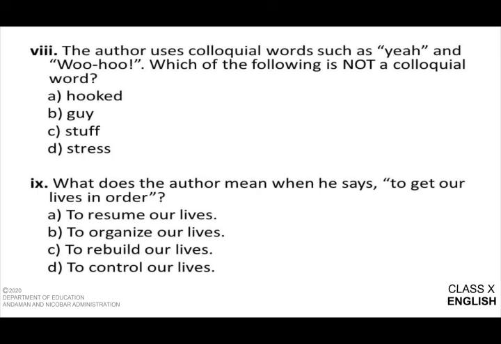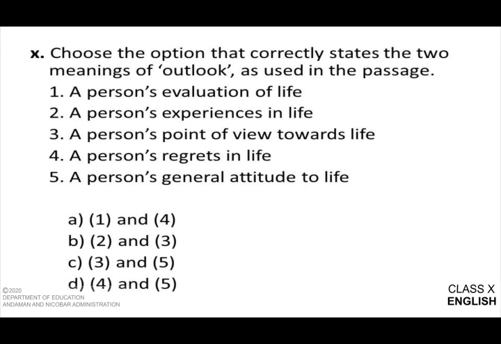What does the author mean when he says to get our lives in order? That means to resume our lives, to organize our lives, to rebuild our lives, or to control our lives. So, it is to organize our lives. So, option B is the right option. Now, choose the option that correctly states the true meaning of outlook as used in the passage.